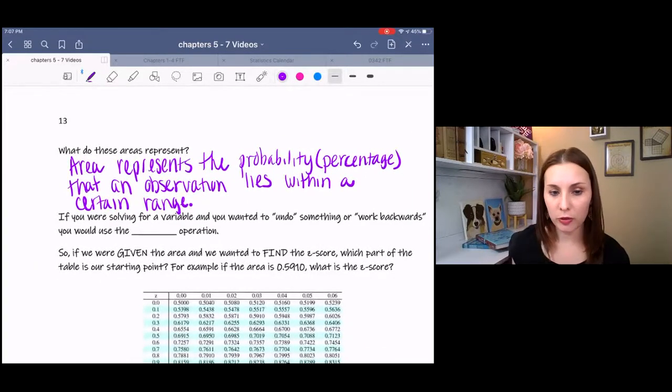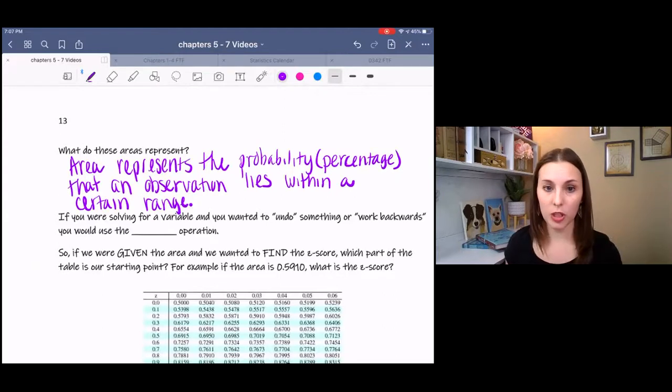So if you're solving for a variable, we're going to use this and move into something else.